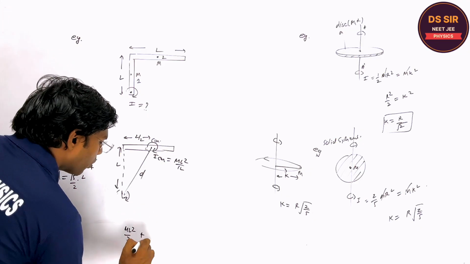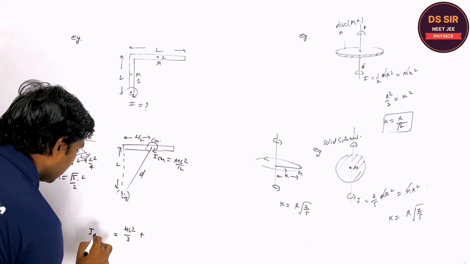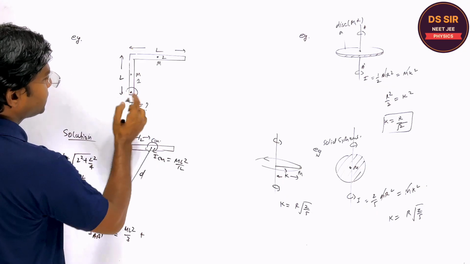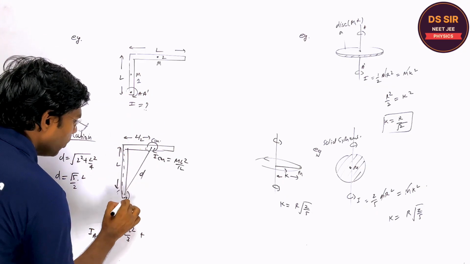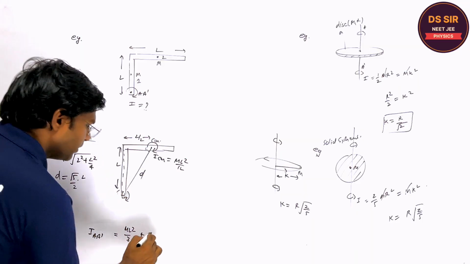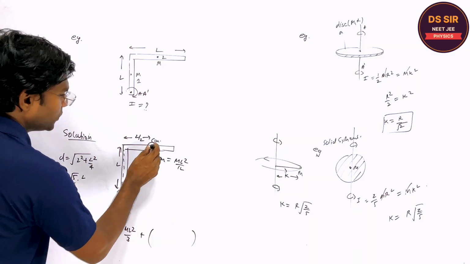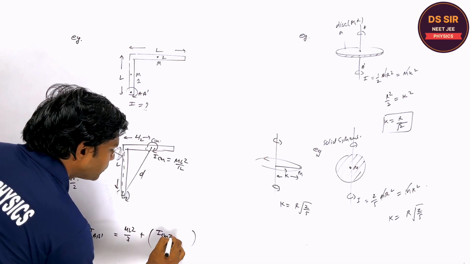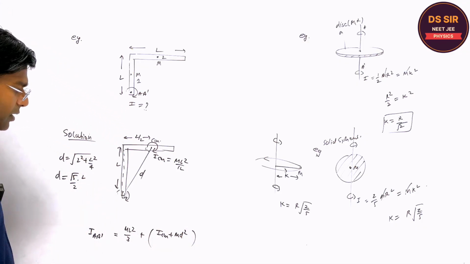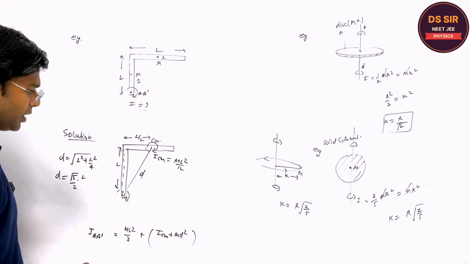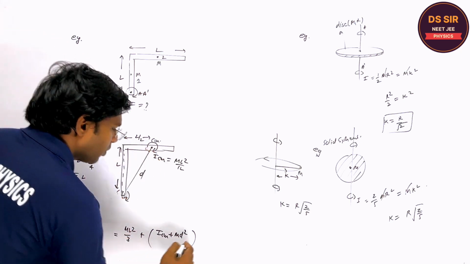So for the second rod, this is the axis AA dash. What is the moment of inertia for the first rod? Say, ml square by 3. For the second rod, I will write ICM plus m d square. Is it fine or not? Yes, sir. So ICM for this rod is what?